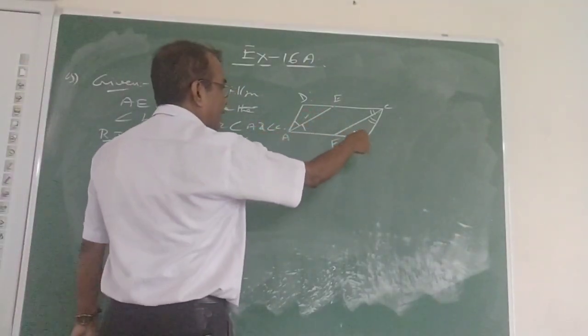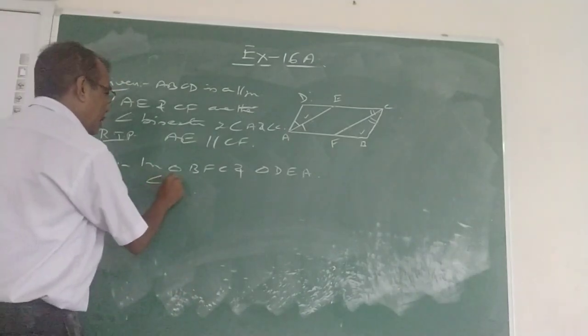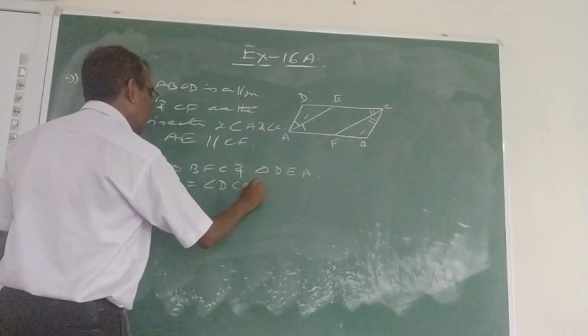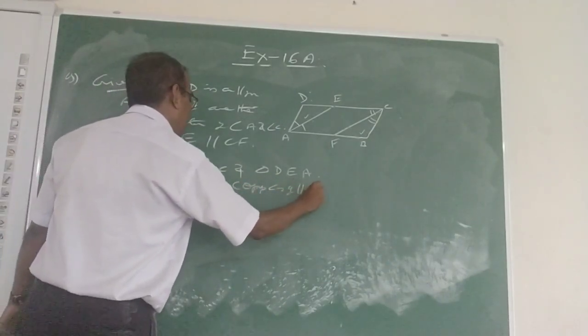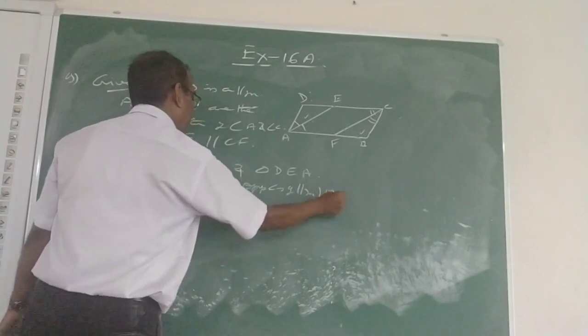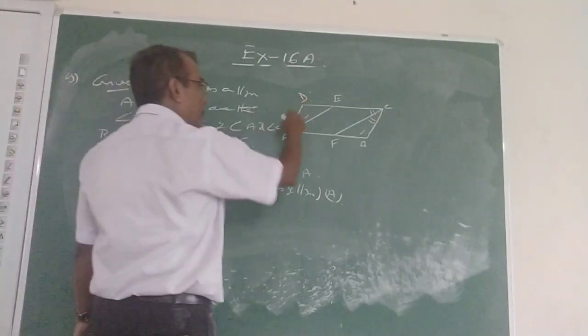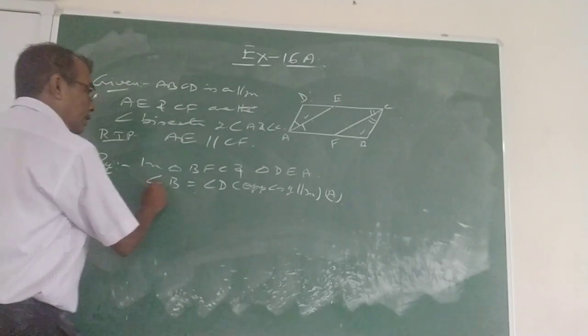I find that these two angles are equal, being opposite angles of a parallelogram: angle B equals angle D. Since ABCD is a parallelogram, this is equation number 1.